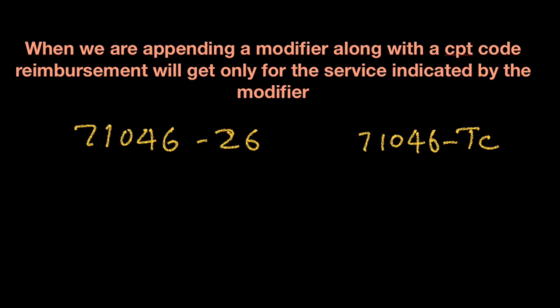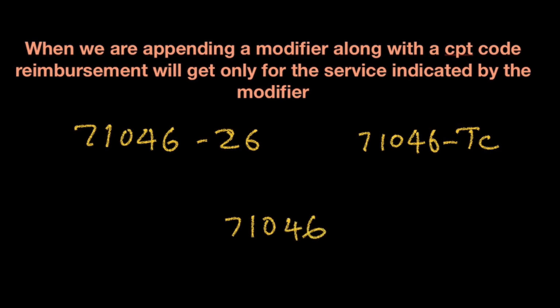If it is in a physician office, the physician is the owner of the equipment. So while using the X-ray equipment, he should get payment for that, as well as for the interpretation. So he should get payment for that service also. In this situation, we are just appending the code itself.